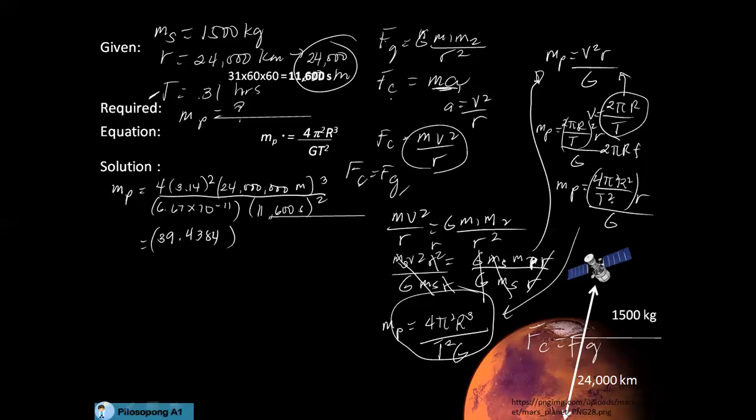That will be 1.38 times 10 raised to 22, all over the value 6.67. So I'm just showing you the computation for each operation that we have in the equation. So I still put 6.67 times 10 raised to negative 11.